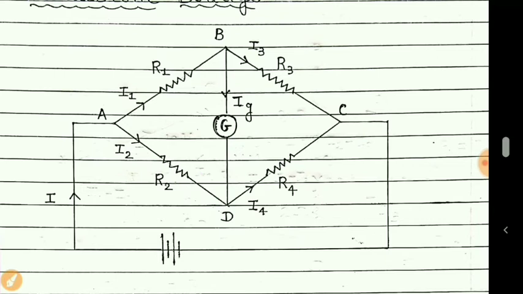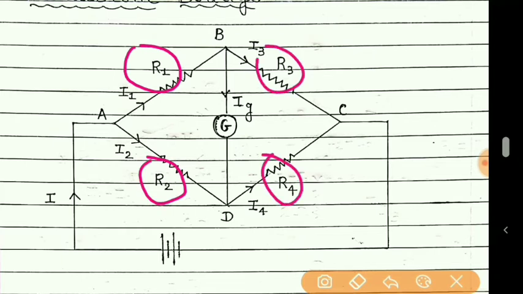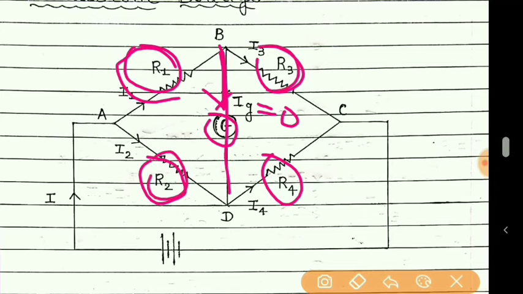Now students, about the balanced condition of this Weston's bridge. If the resistors, this R1, R2, R3 and R4, are selected in such a way that the current through the galvanometer becomes 0. We know that at present, suppose current Ig is moving in this branch BD, but by changing the resistances, we can get such a condition in which the current in branch BD becomes 0.